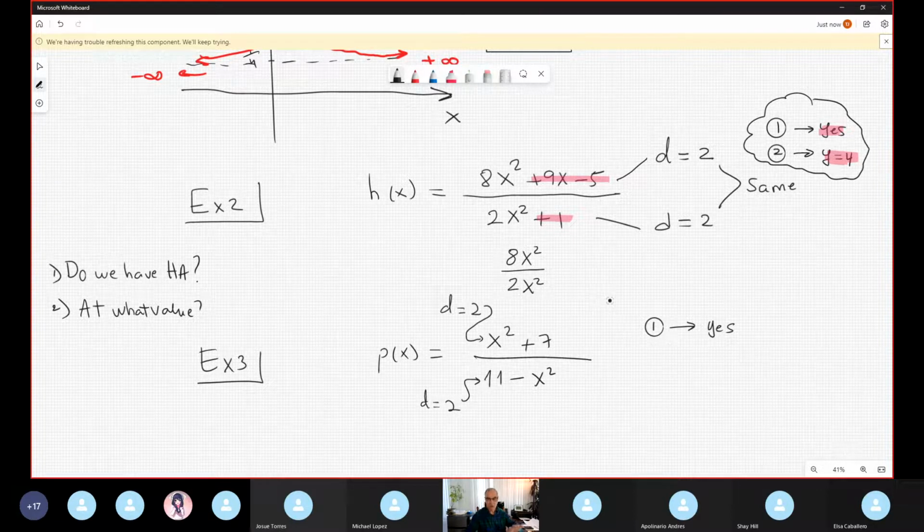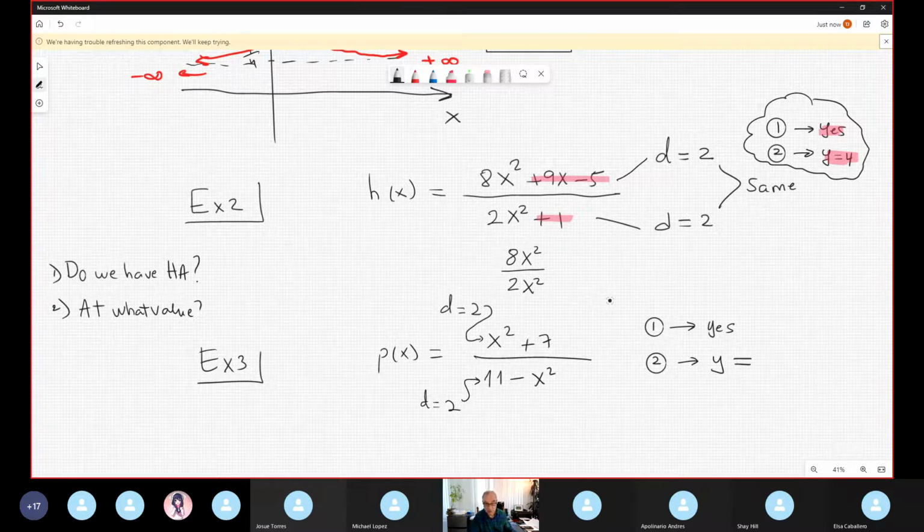I put x squared on the rightmost side, but it doesn't matter, you can organize in descending order. But the horizontal asymptote, at what value? Not 0. Josué says it's 1. I totally disagree. Not 0, not 1.